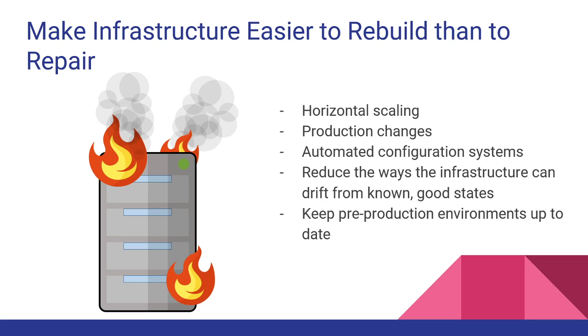Now, in order to make the infrastructure easier to rebuild than to repair, there are cases where something bad occurs, such as electronic damage or natural disasters such as earthquakes, tornadoes, firestorms, all of that.